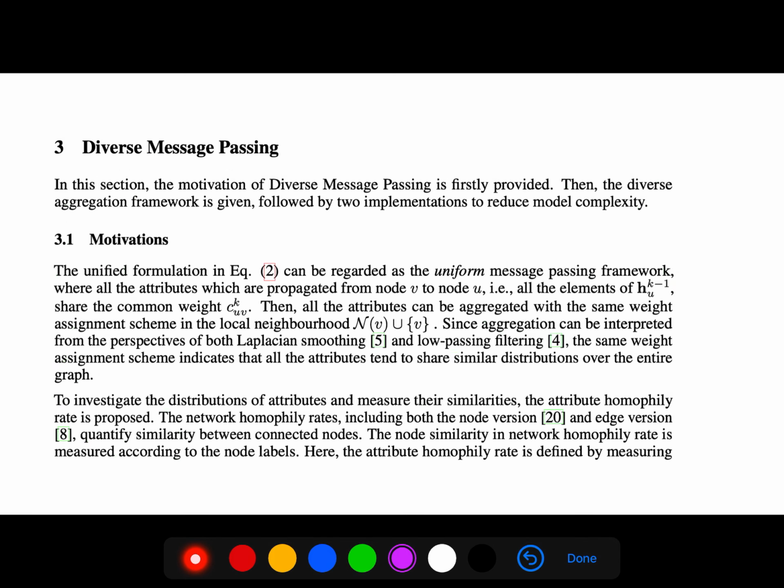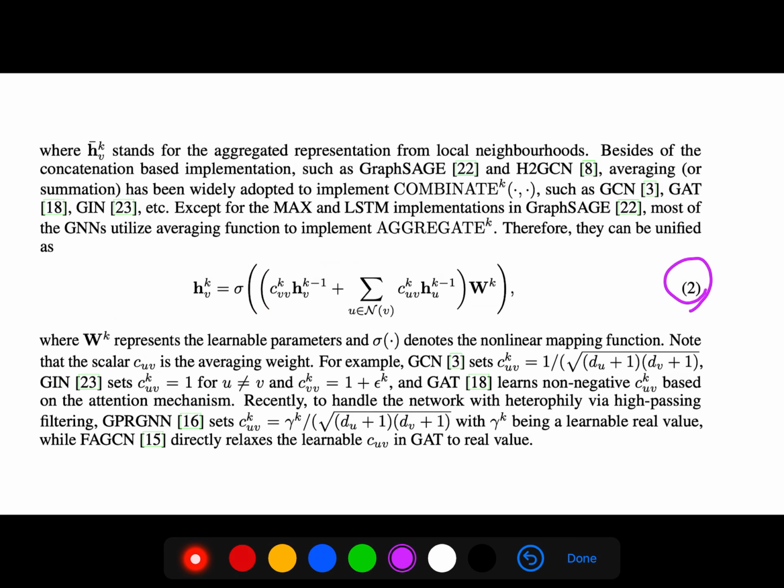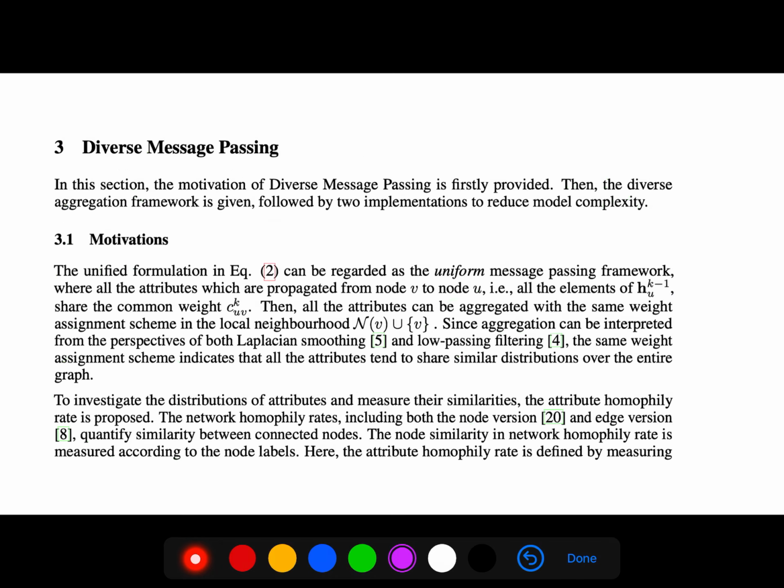But this formulation can be regarded as uniform message passing, where all attributes which are propagated from node V to node U share the common weight C sub UK. As you see, all of them share the same weight. So it's a uniform message passing. Then all attributes can be aggregated with the same weight assignment scheme in local neighborhood.